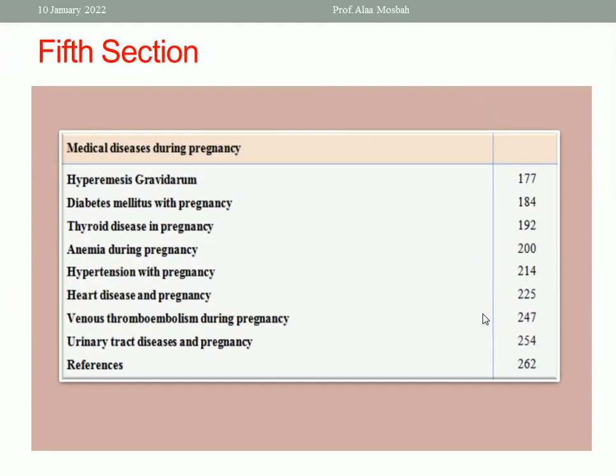Let us go to the fifth section in the textbook of obstetrics, which includes very important medical diseases during pregnancy, starting with hyperemesis gravidarum, going through diabetes mellitus with pregnancy, thyroid disease in pregnancy, anemia during pregnancy, different types of anemia like iron deficiency anemia, pernicious anemia, thalassemia, sickle cell anemia, and so on.